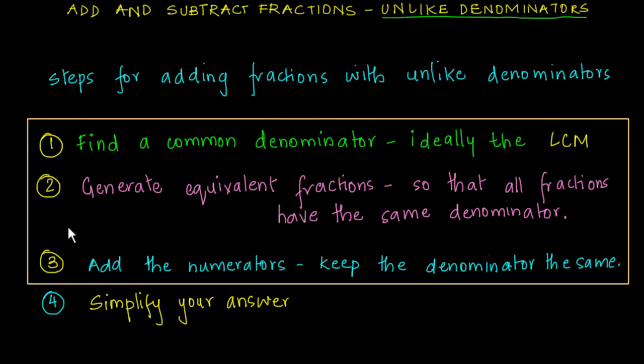The second step is, once you have the common denominator, generate equivalent fractions so that all the fractions have the same denominator. And the third step is to add the numerators while keeping the denominator the same. The fourth step is what you would do for any fraction operation, is to express your answer in the simplest form. Let's now look at a subtraction problem.